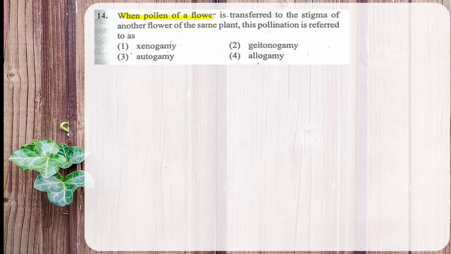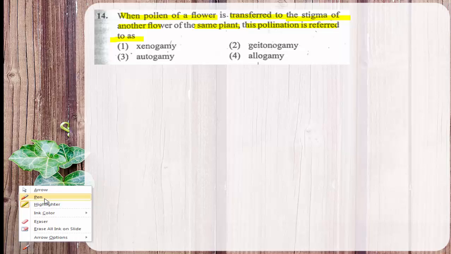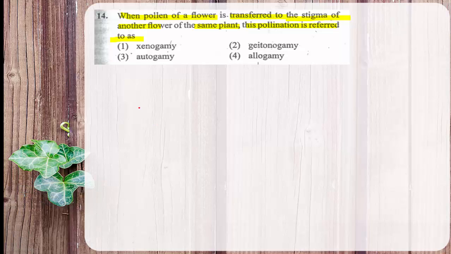When the pollen of a flower is transferred to the stigma of another flower, but both the flowers are produced on the same plant, and this pollination is referred to as. So first let me describe what is pollination, then I will elaborate what are the different terms for the reference with pollination.